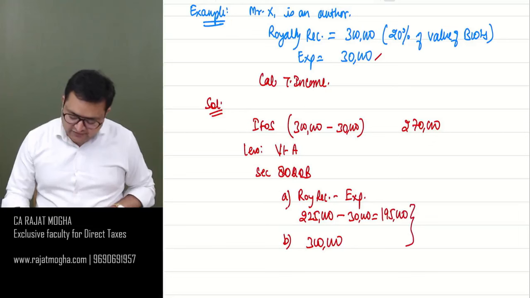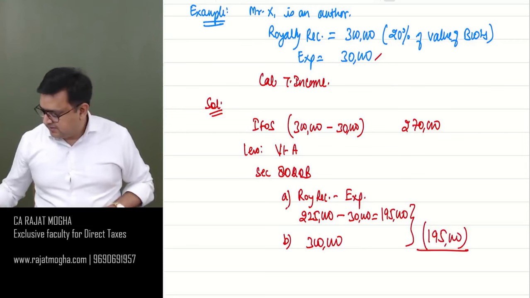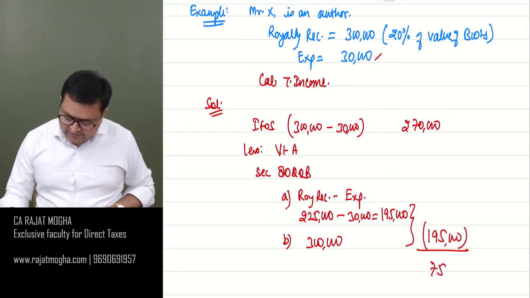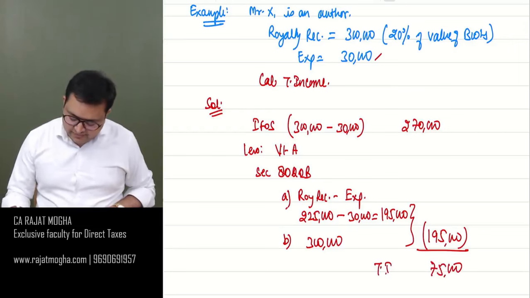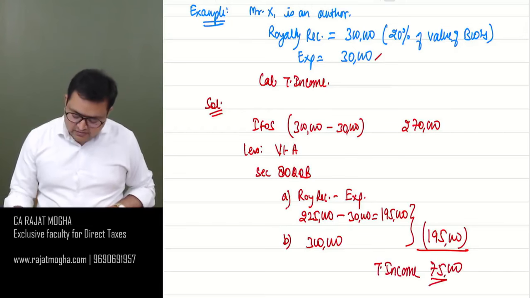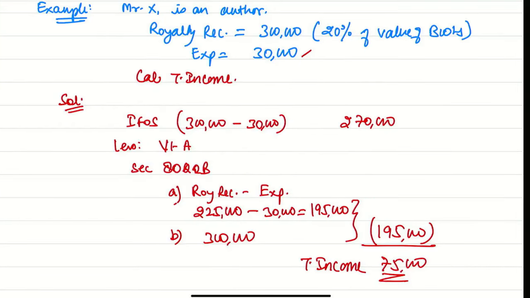So 195 or 3 lakh, whichever is lower, 195. You will get this deduction. So total income would be 75,000.